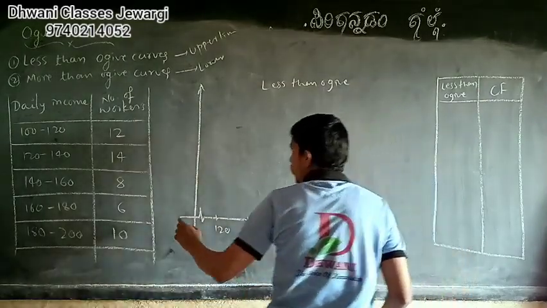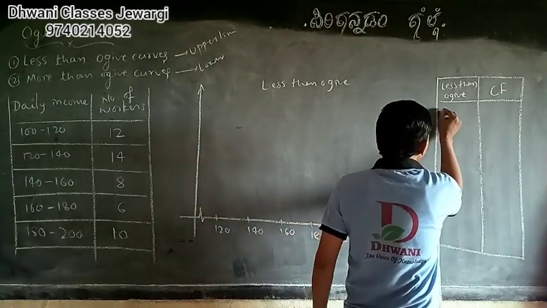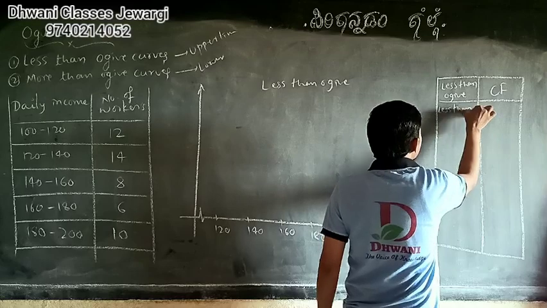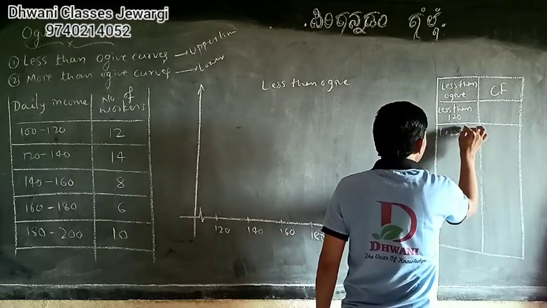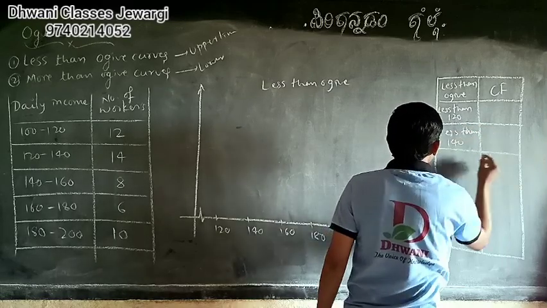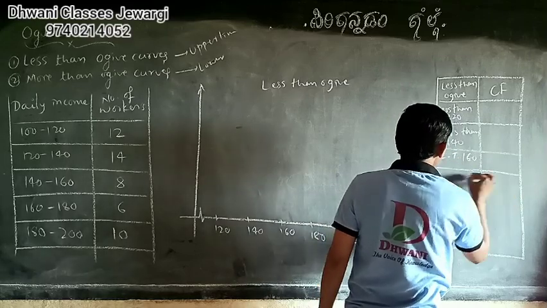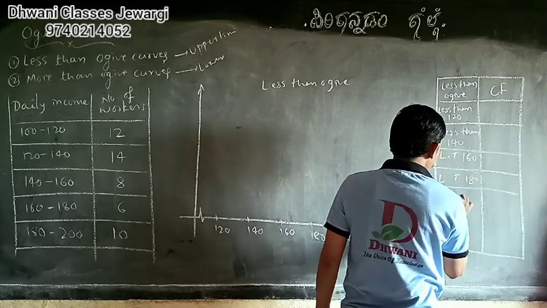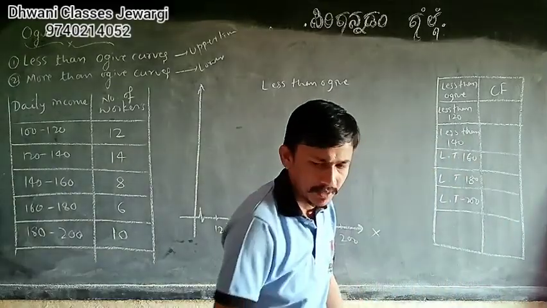In the first column, write less than 120, less than 140, less than 160, less than 180, less than 200.